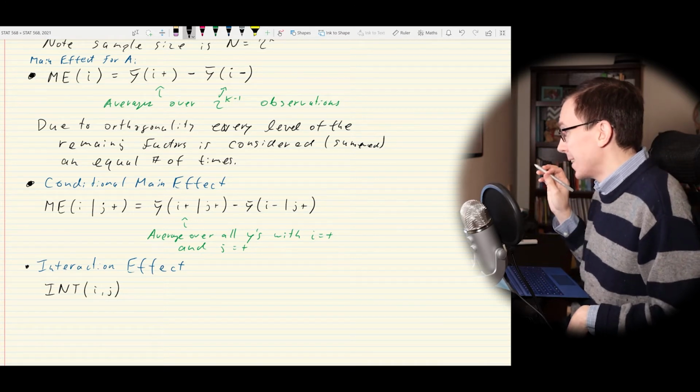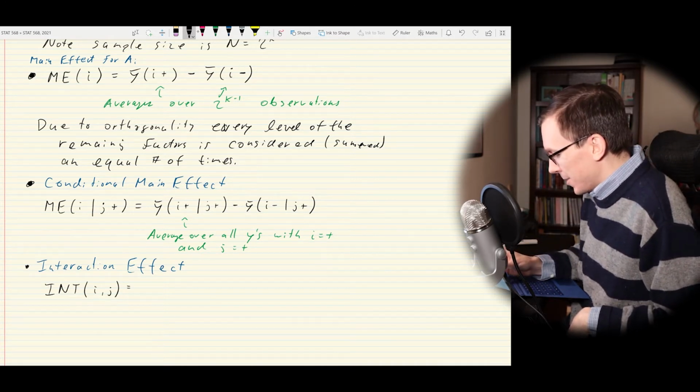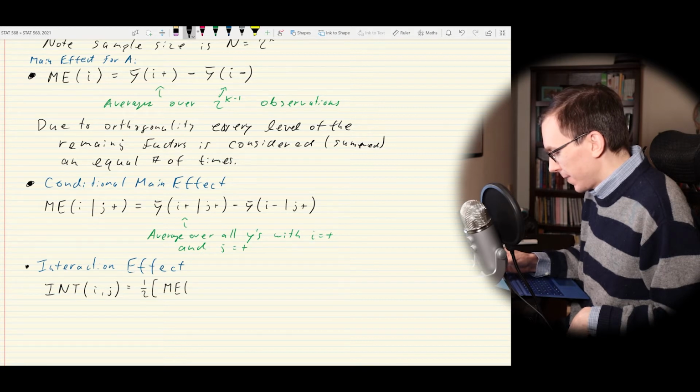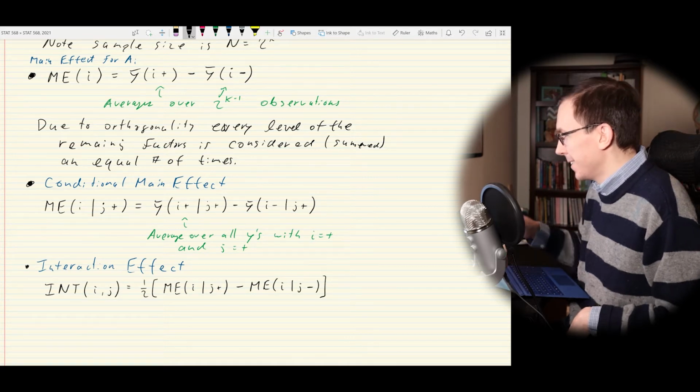Now, the way we can define this is going to be 1/2 of the difference between the main effect of I given j at plus minus the main effect of I given j set to minus.